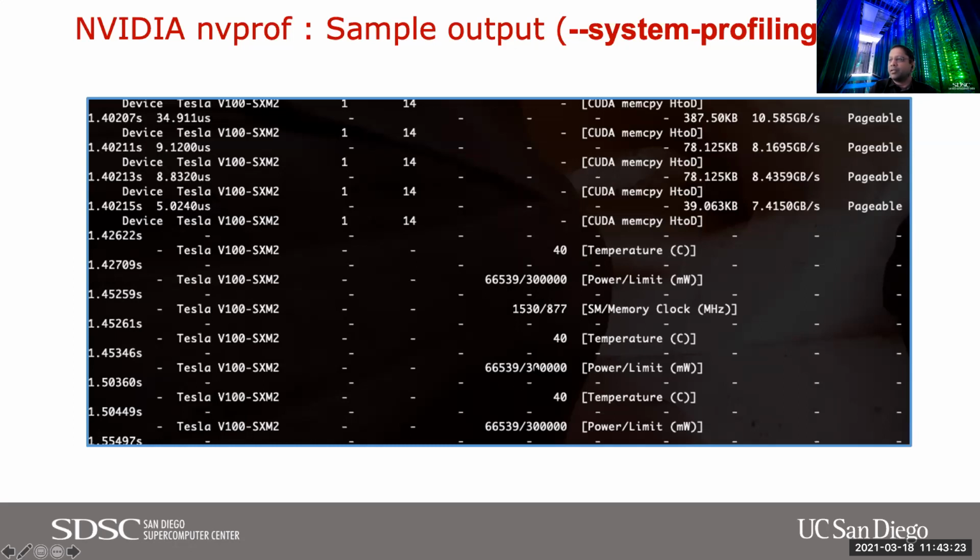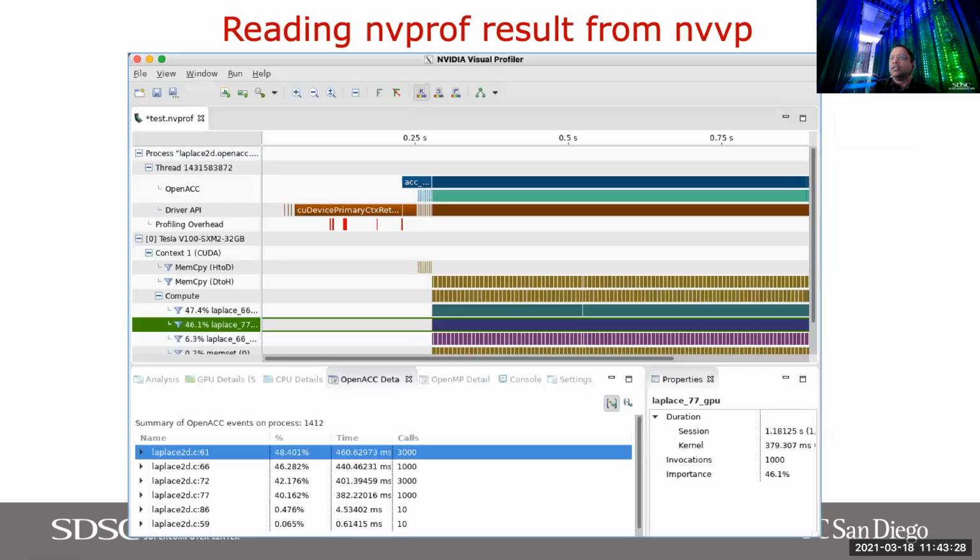So you can get a sense of whether you're hitting throttling for some reason. And like I said, you could take the profile from NVProf, export it, and then read it in NVVP, the visual profiler, and get a more readable and visual look at all the events.